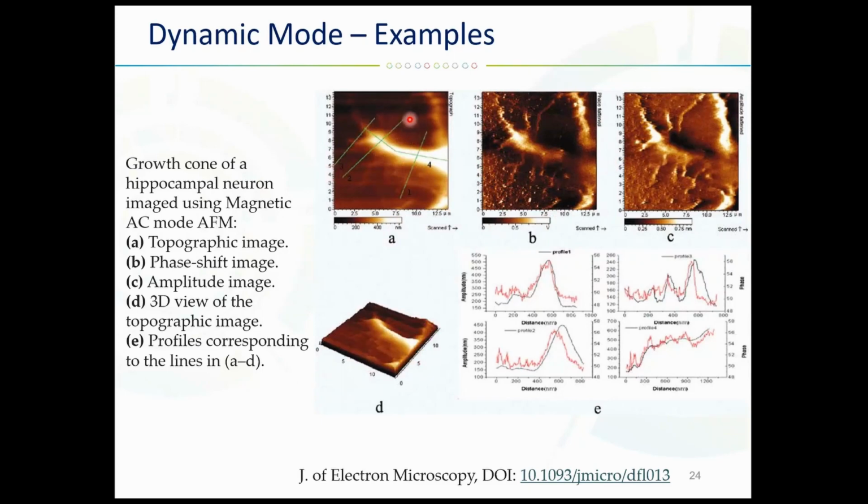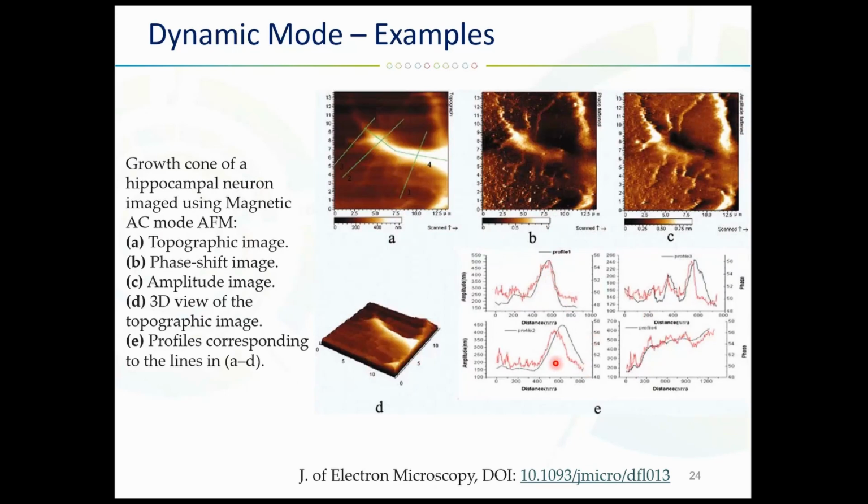As you can see, there are 4 lines, and these 4 lines are the cross sections, shown in the image E over here. Profile 1 shows us the incremental increase in height from the substrate to the cone, and shows us the height of the cone.